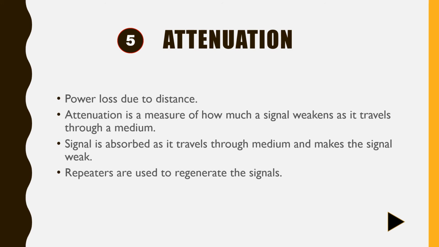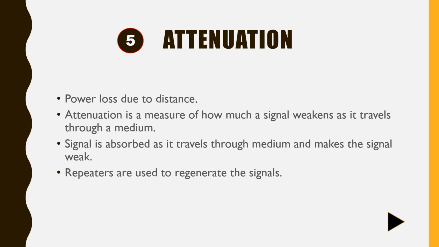For example, in a cable TV network, the cable operator uses coaxial cable, and that distance is given as 185 meters, at most 500 meters. Beyond that, you have to use a repeater and again connect the cable.